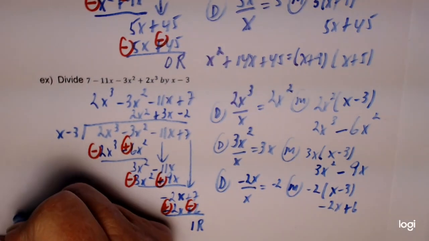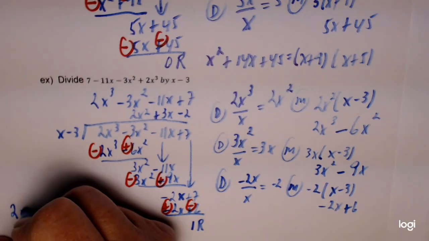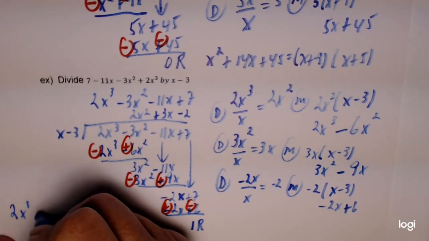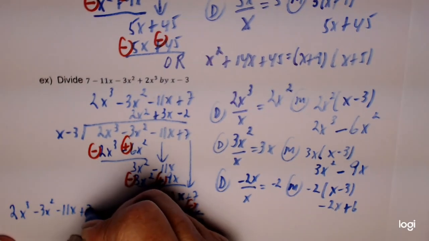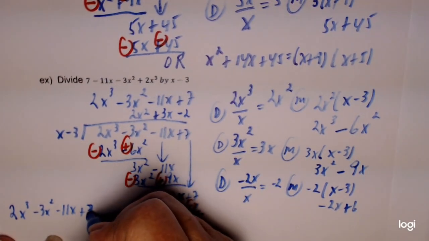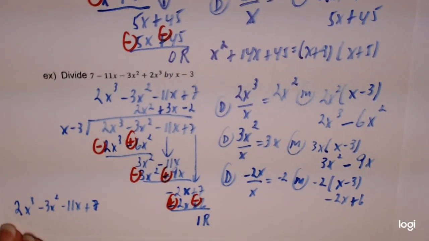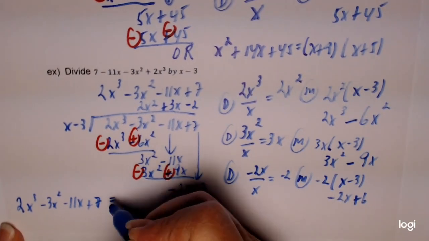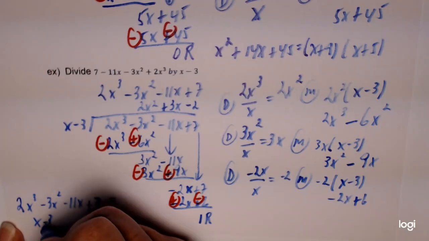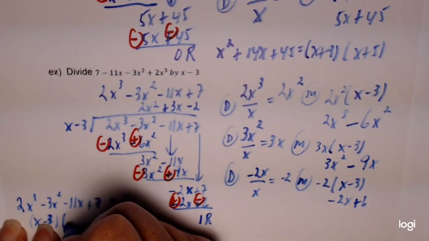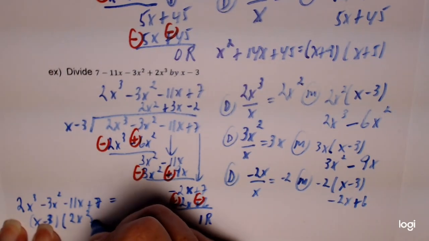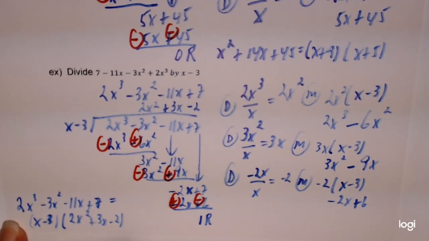So what this says is our 2x cubed minus 3x squared minus 11x plus 7 is equal to x minus 3 times this, okay, so it's looking like we have factors, but we have a remainder here.